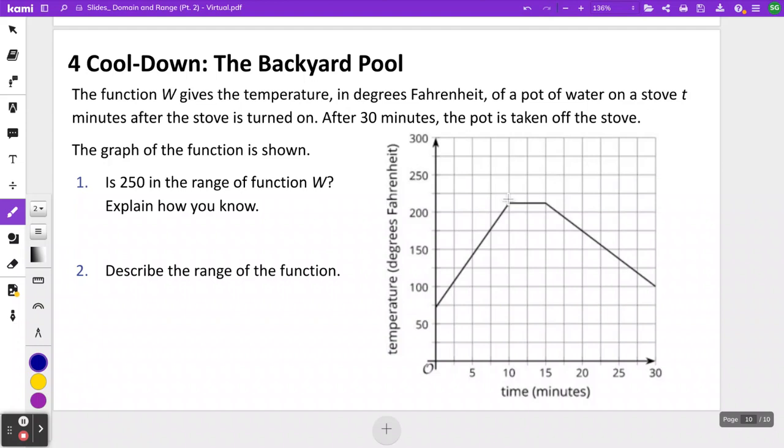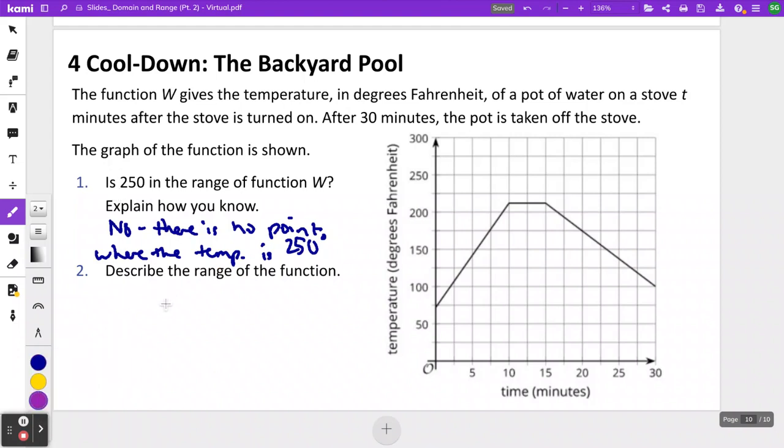Our graph of that line never gets up to 250. So here I'm going to say no, there is no point where the temperature is 250 degrees. Something like that, I think, is a good way to explain how you know.